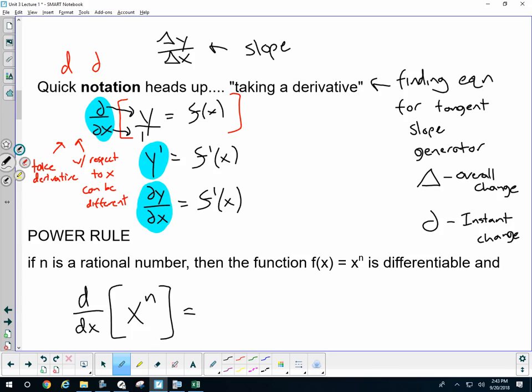Because instead of an overall change in y over an overall change in x, it's the instantaneous change in y over the instantaneous change in x. So it's the instantaneous slope. Well, what's the slope at an instantaneous point? A tangent slope, exactly. So dy over dx is notation that you can think of and know, oh, that's just the slope of a tangent.